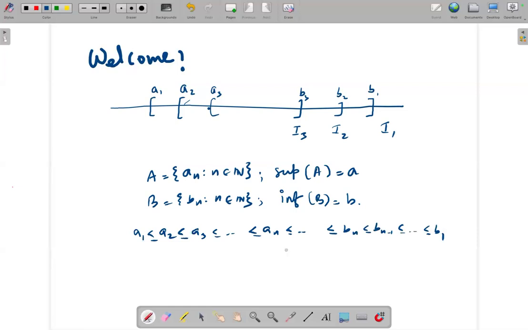I'd like to claim that somewhere between each a_n and b_n, this alpha and beta reside. Sorry about this, I don't know what's happening. This becomes too sensitive.